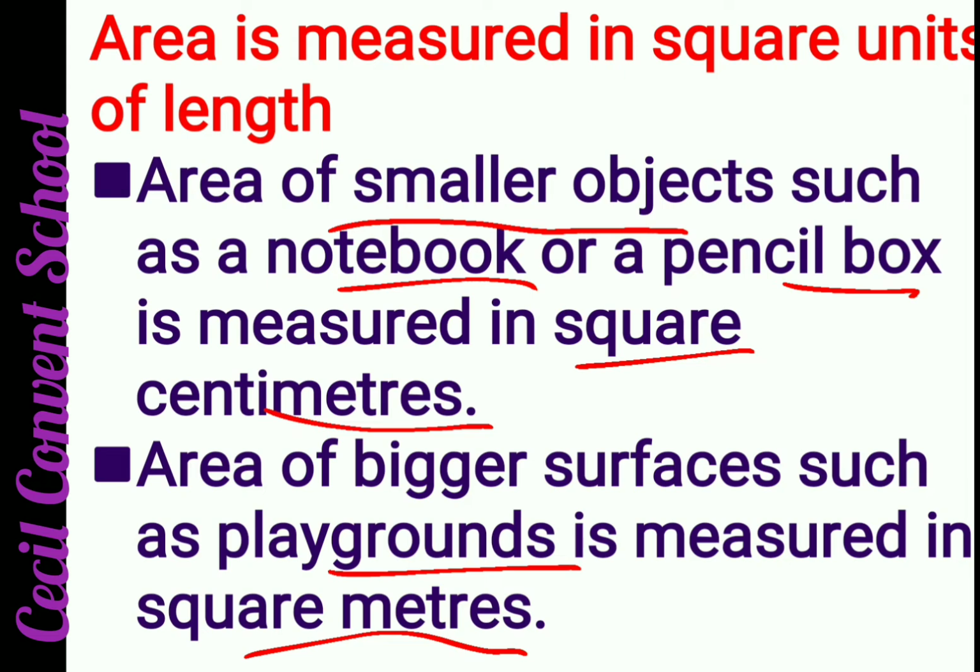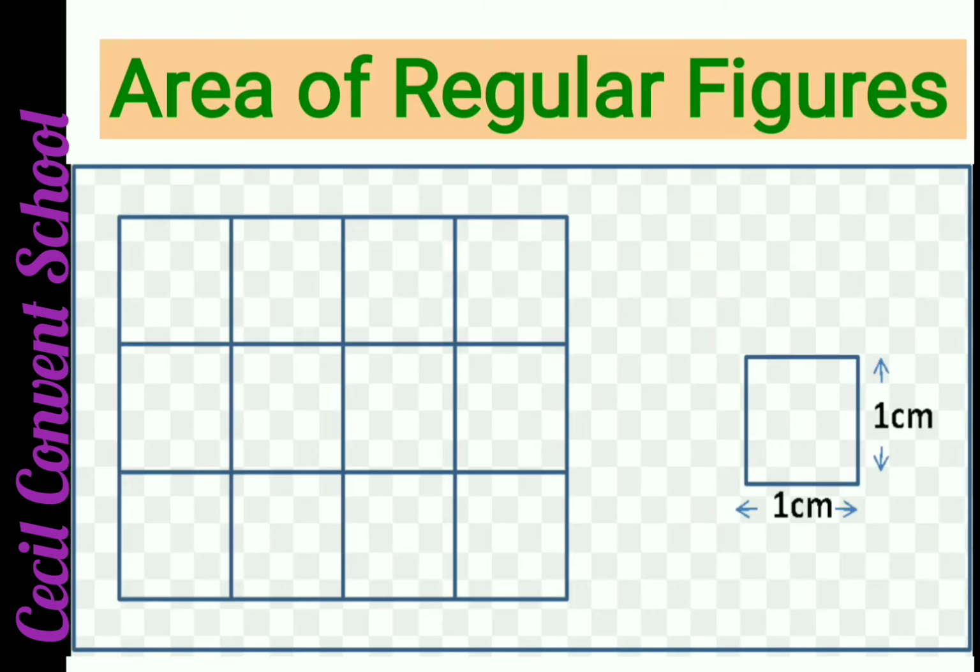Now on the basis of this, we will do Activity 4. Firstly, see how to find the area of a regular figure. These are the boxes given. One box has one side of 1 centimeter and the other side of 1 centimeter. Means a square box, if all the sides are 1 centimeter, then its area will be 1 into 1, that is 1 centimeter square.